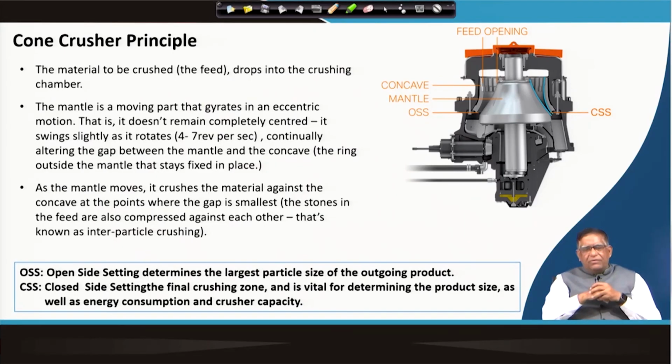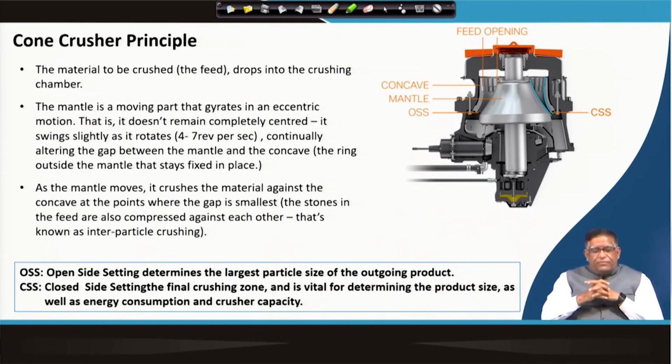It rotates about 4 to 7 revolutions per second. As a result, the gap between the mantle and the concave keeps changing, and the material is pressed and released, and like that it gets crushed.